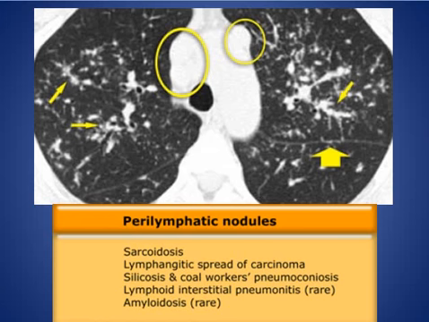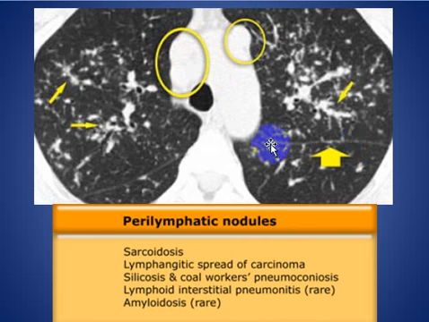The differential diagnosis of the perilymphatic nodules includes sarcoidosis, lymphatic spread of carcinoma, silicosis and pneumoconiosis, and other rare causes.